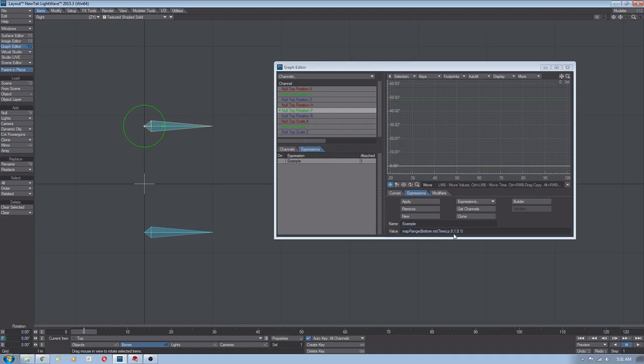That's the first 0 and 1, and the second 0 and 1, or the third value and the fourth value, are the range of the bottom bone. And right now it's a 1-to-1 ratio, so they're going to move, as you can see, at the same rate.